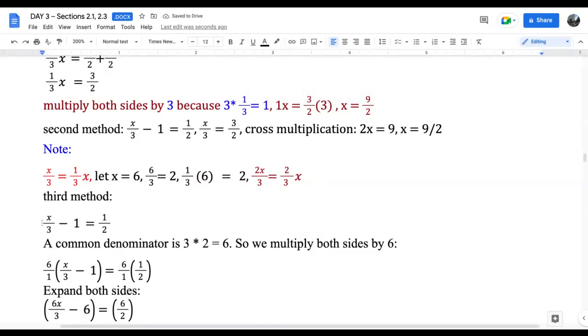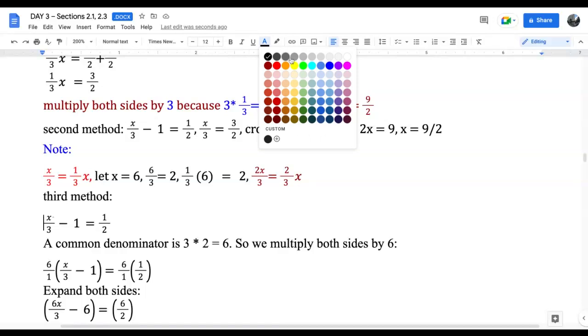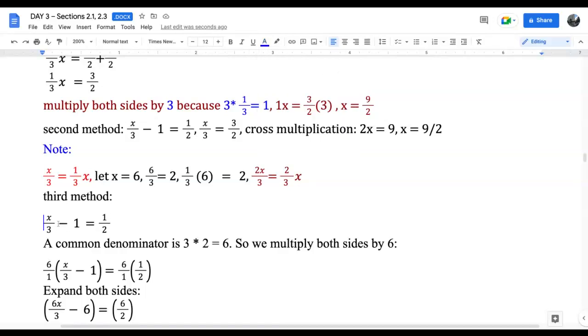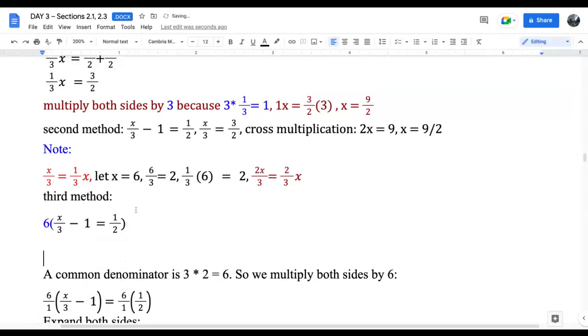What do we do? We multiply by its common denominator 6. All right. So let me change my color to be blue. So we're going to multiply 6 with everyone. How many terms do I have? I have 3 terms, right? I'll just multiply 6 with everyone. 6 multiply x over 3.